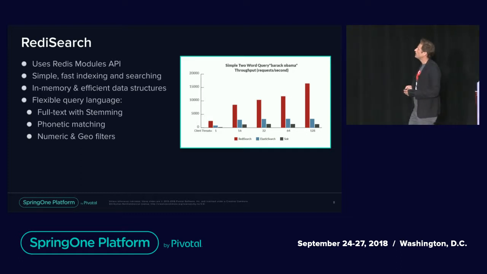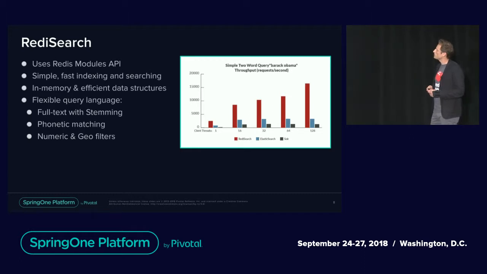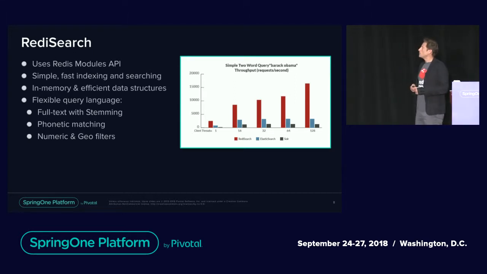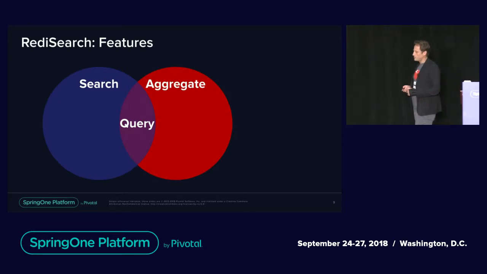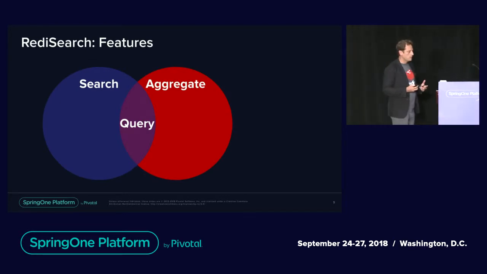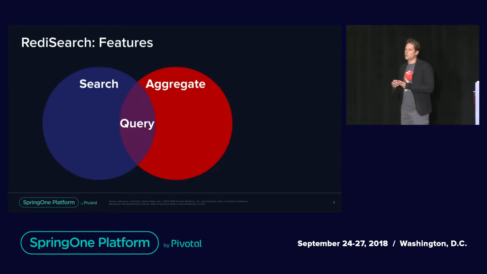You can see on the right a benchmark that was done comparing RediSearch with Elasticsearch and Solr. So you can see very good performance compared to other search engines out there. In terms of commands exposed by the RediSearch module, there are mainly three. Two of them, search and aggregate, reuse the query language I just mentioned to provide different features.